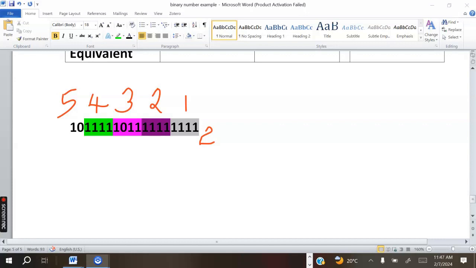So 2 more minutes remaining. Just try to use the table. Let me extract the table for you. So we have the table on the other side.